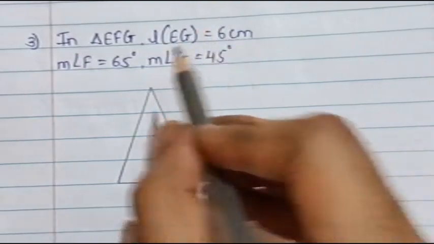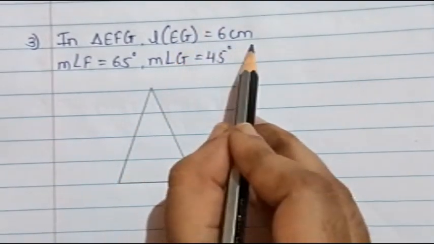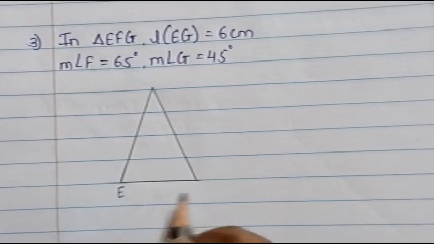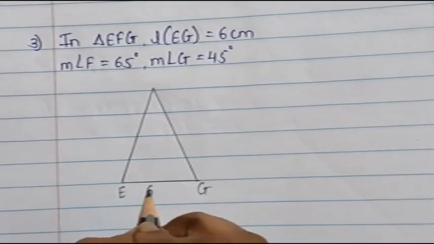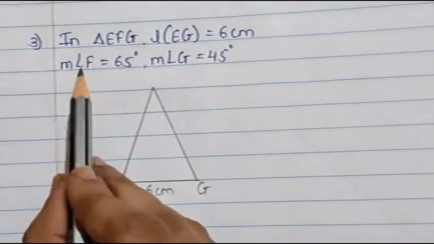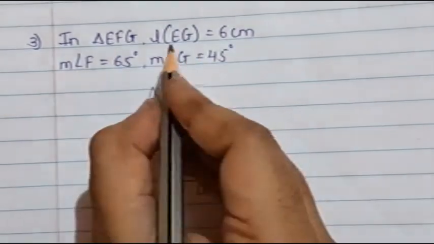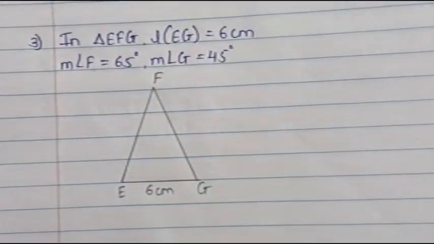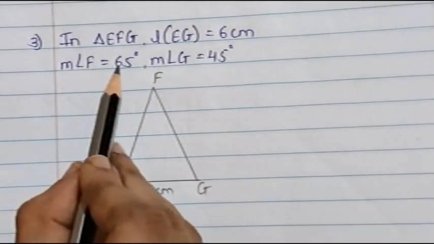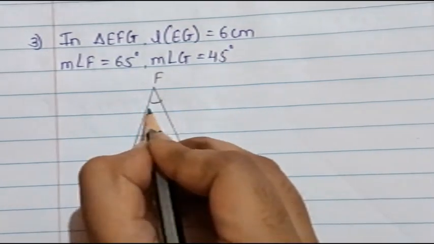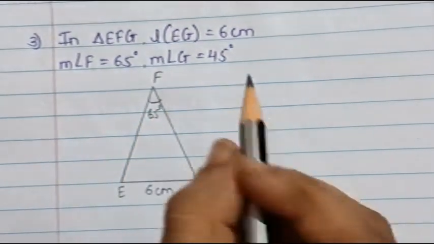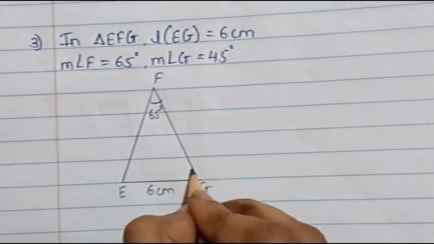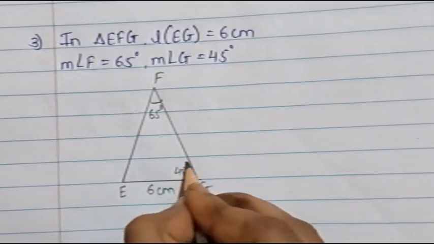They have given the length EG is equal to 6 centimeter. Measure of angle F is equal to 65 degree, and measure of angle G is given 45 degree, right?